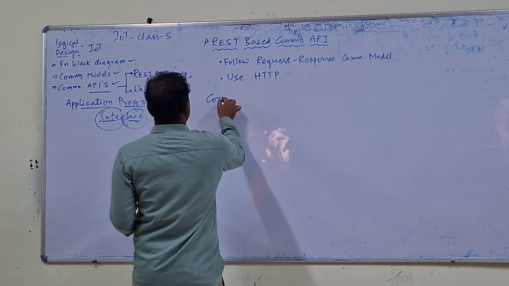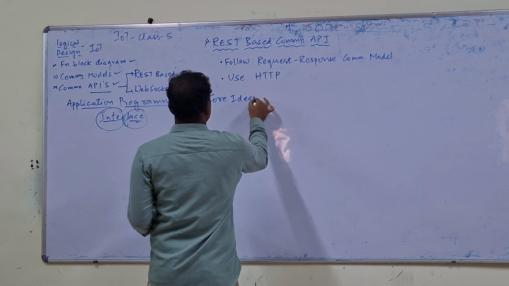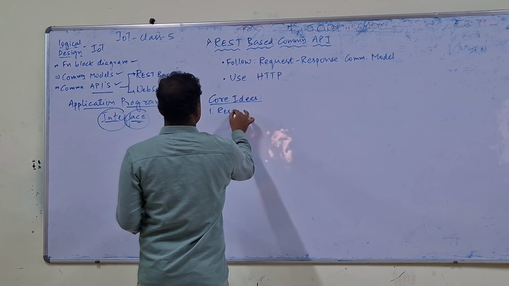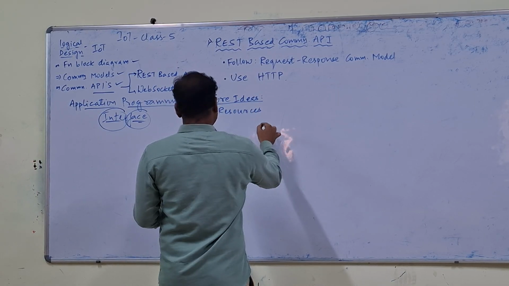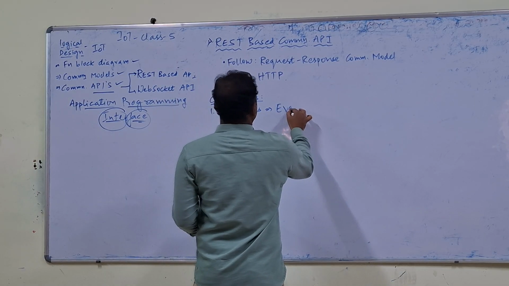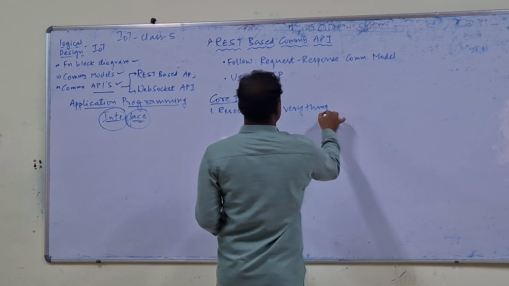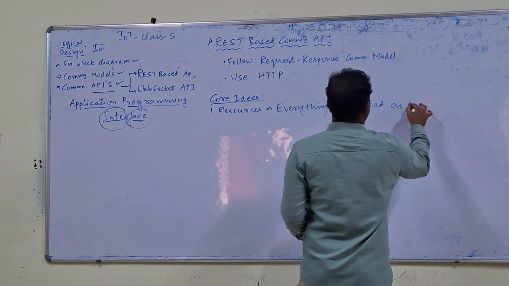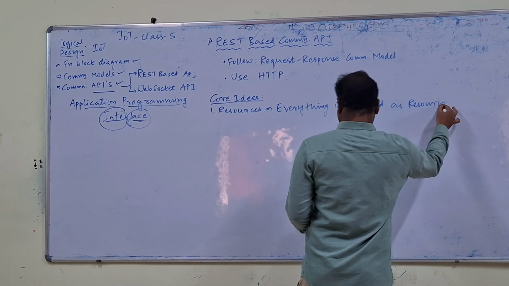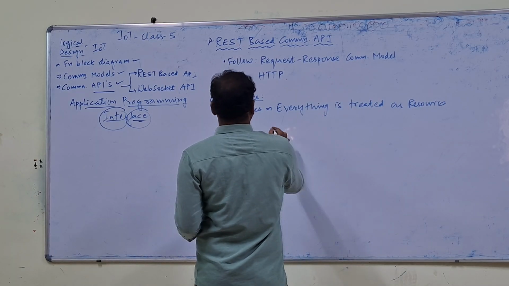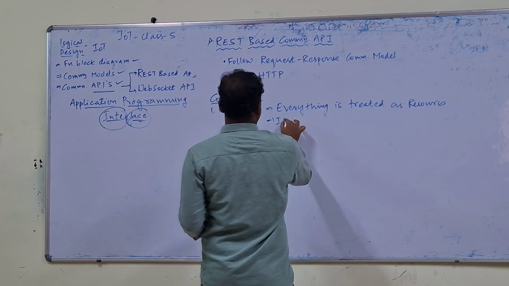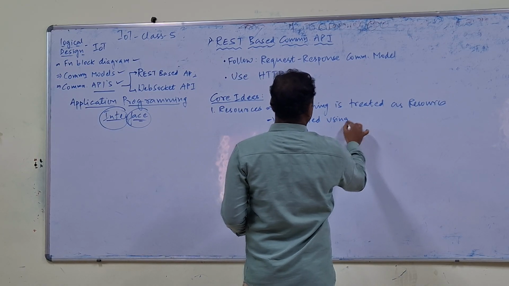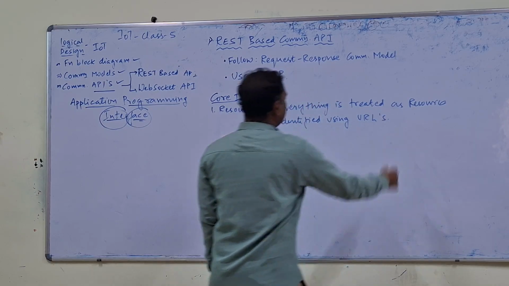Core ideas. What are the core ideas in this API? Resources. Everything is treated as a resource, which is identified using URLs.